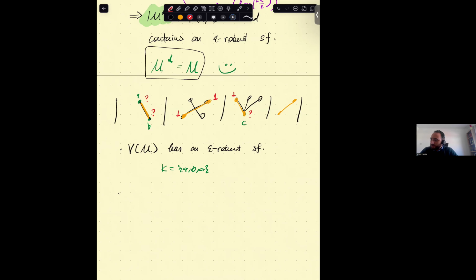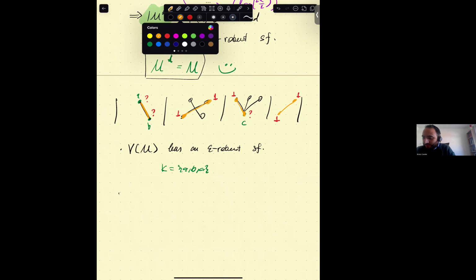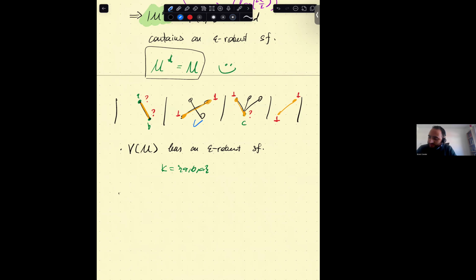What property did we want to satisfy with the matching sunflower? We wanted the matching to have all the edges colored monochromatically. This is satisfied here. Everything is colored 1. This is maybe not satisfied here, but it doesn't matter because this is going to be a core edge. Remember that every vertex there are doubles.